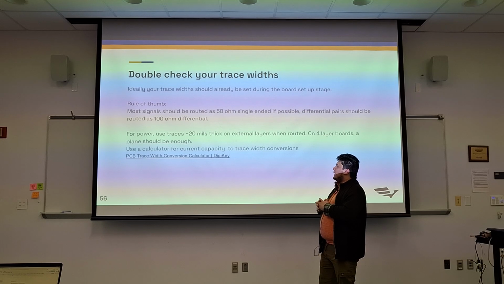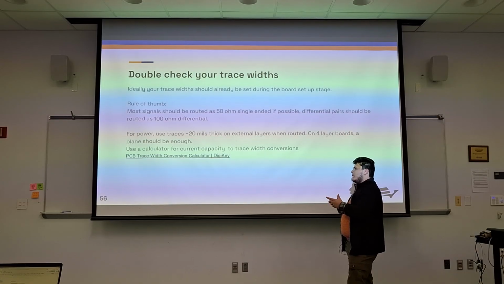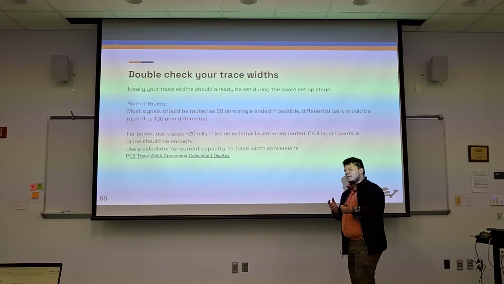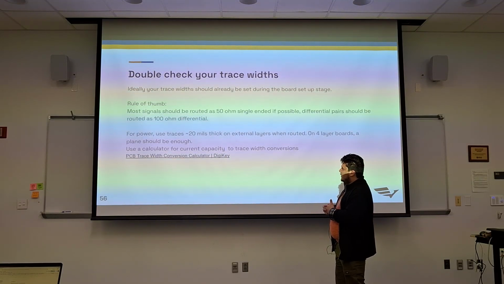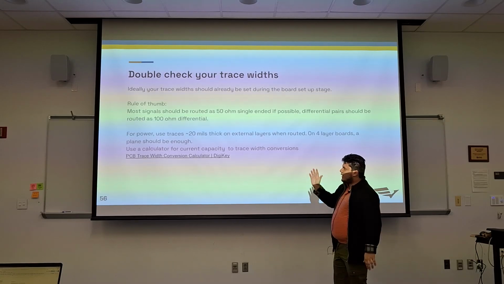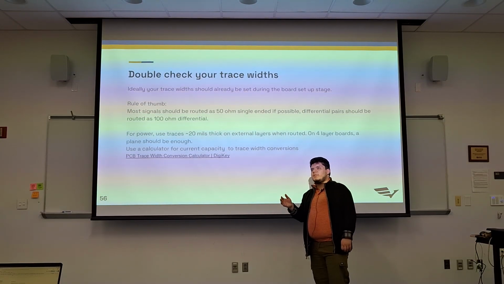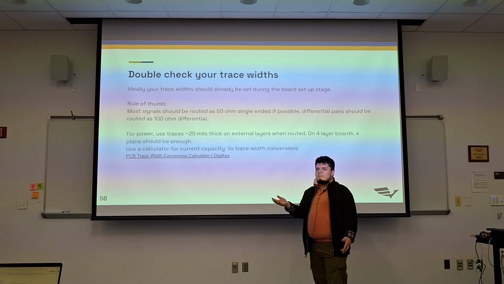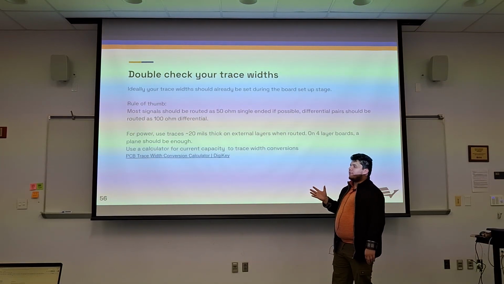For power, there's a calculator for how much of a trace width you need, depending on how much current is going through that trace, as well as how thick the copper is. So that's the current carrying capacity for it. And so there's a calculator for it. Rule of thumb, I think for the most part, y'all are under an amp. 20 mils is more than enough on external layers.